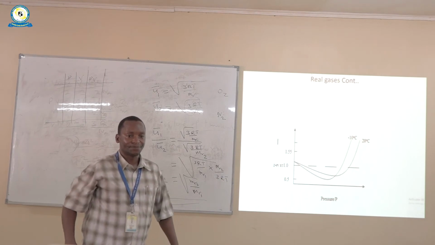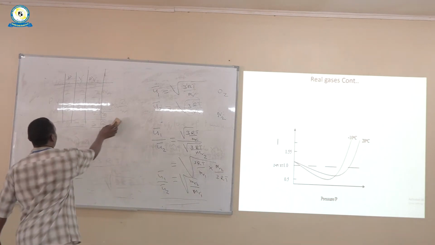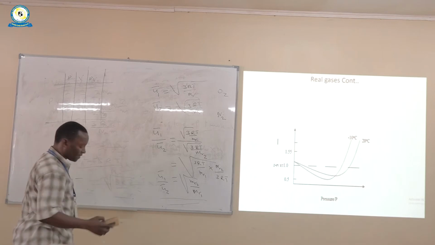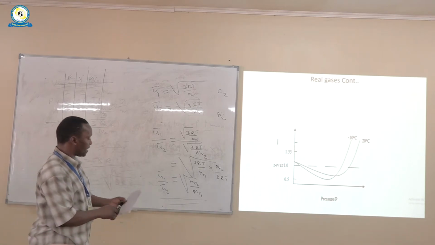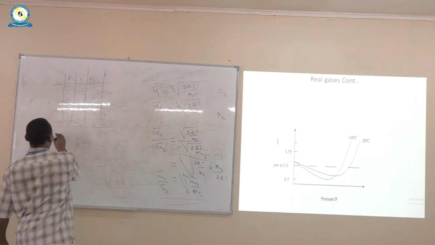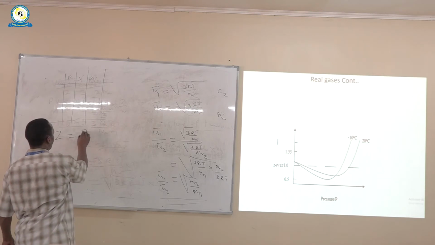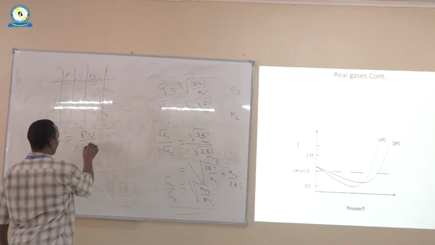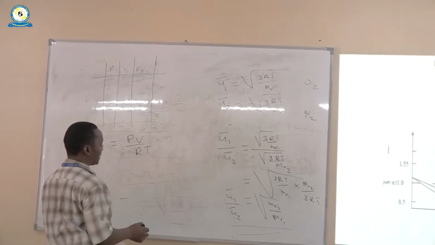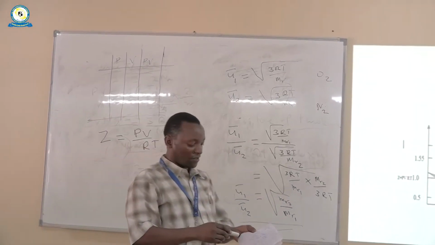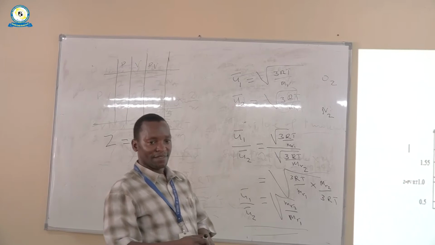The compressibility factor is given as Z is equal to PV over RT. That is the compressibility factor.